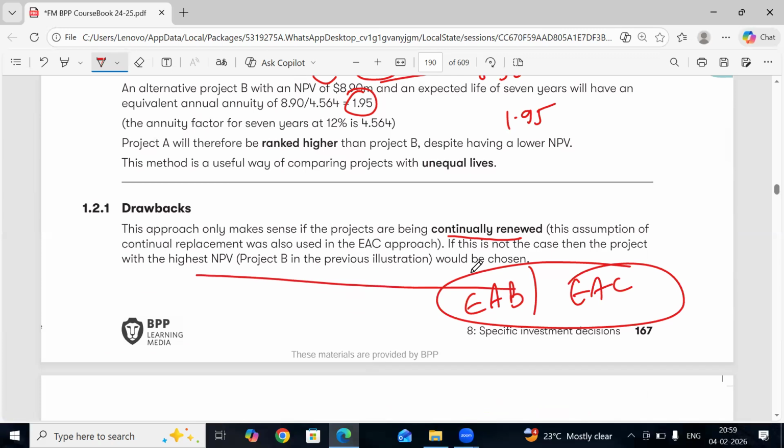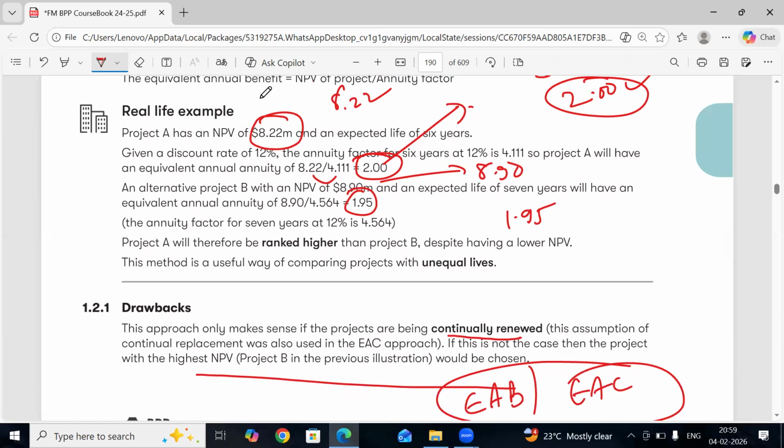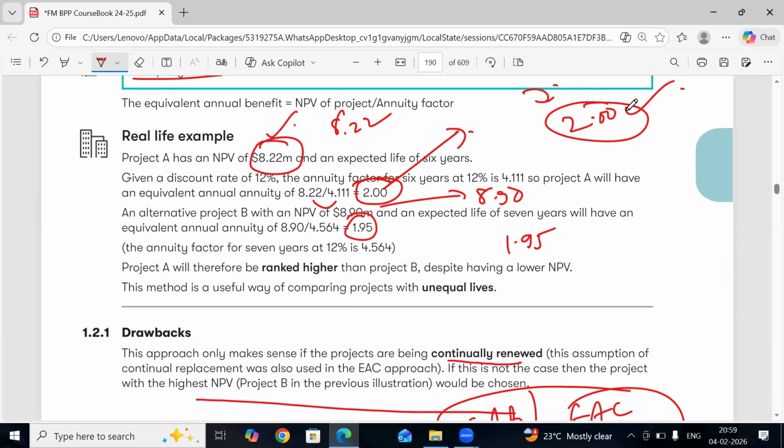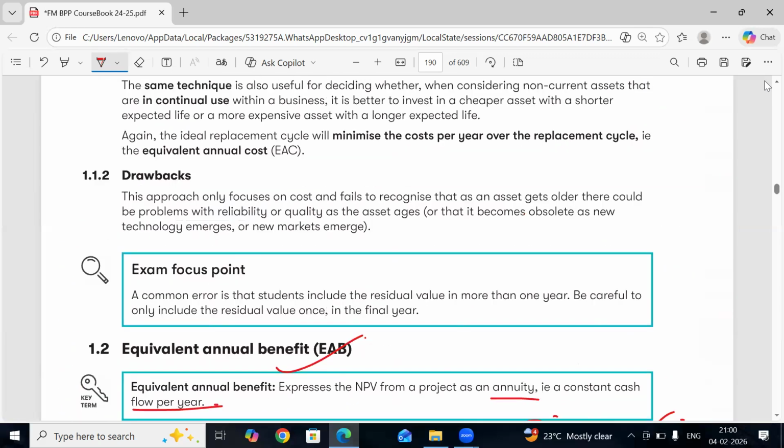So project B is the highest NPV project, but why are we giving importance to project A? Because the annual payments are higher in case of project A. So if you are taking a project for 5 years, and again going to renew it and continue, then this equivalent annual benefit approach is good. So for continuing projects, EAC or EAB is good. Otherwise, highest NPV is always the standard for any project selection.